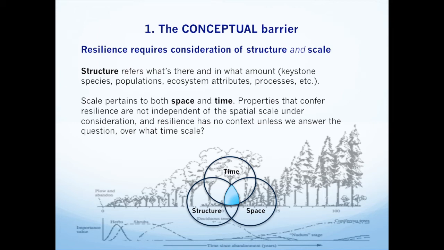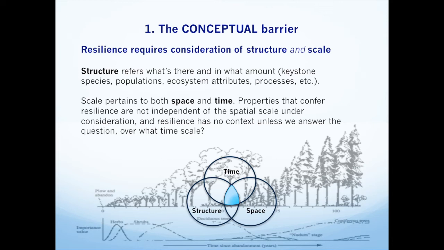Properties that confer resilience are not independent of the spatial scale under consideration. And resilience has no context unless we answer the question of over what time scale we consider an ecosystem to be resilient. Now, many who work in the resilience space consider 2 centuries as being an appropriate time scale for resilience. The reason is that disturbance regimes occur over long time frames.